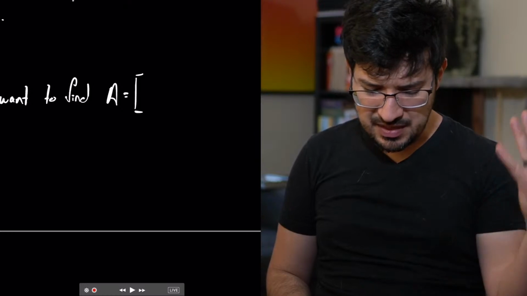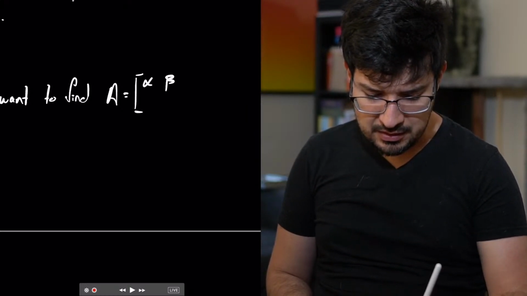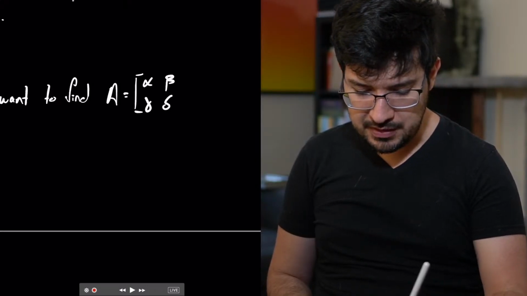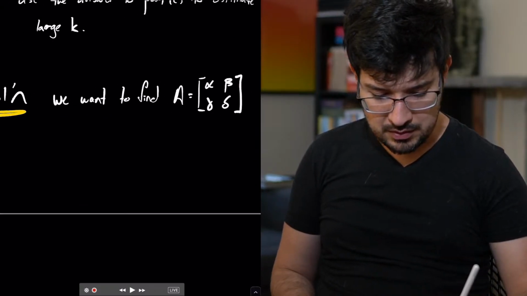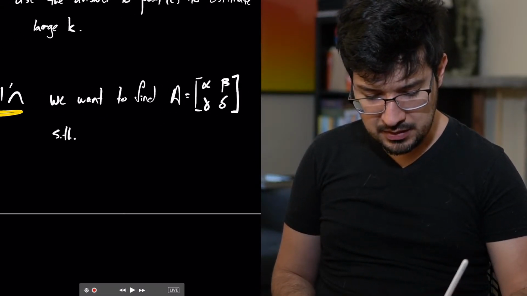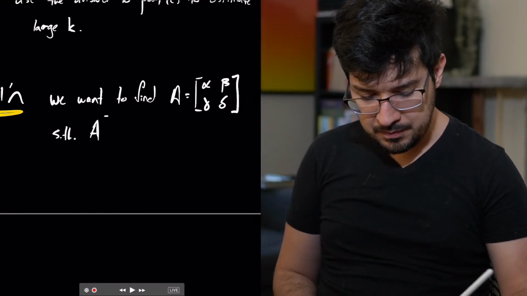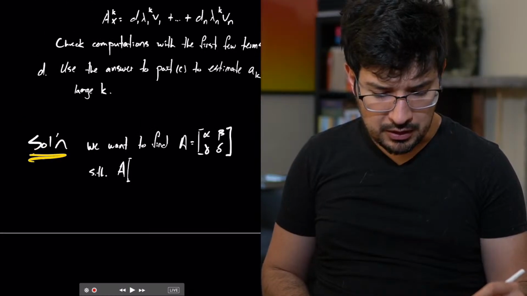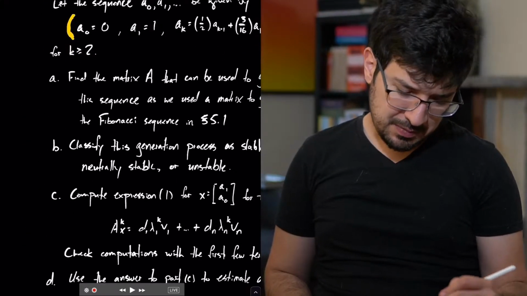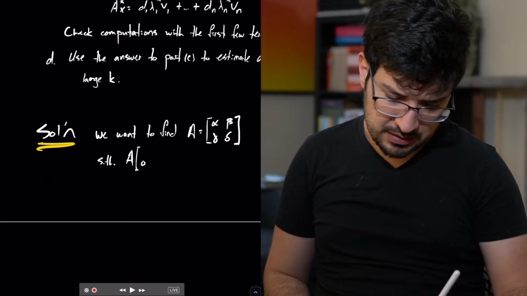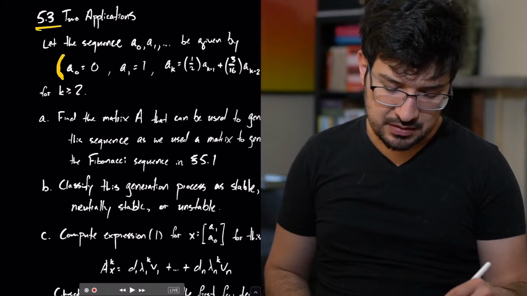Since I'm using A for the sequence, let's use, I know some Greek letters, alpha, beta, gamma, delta, such that A times our initial vector, which for some reason is written with the most recent entry A1 up in the top entry.